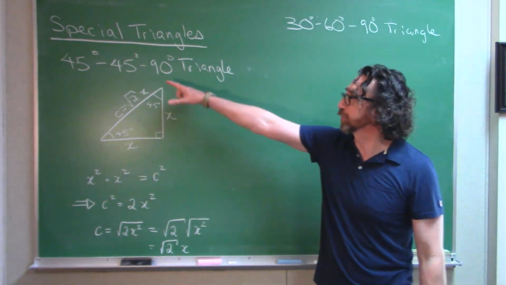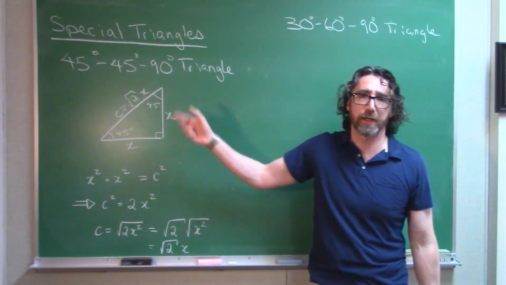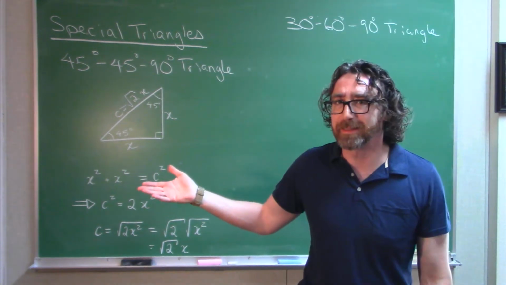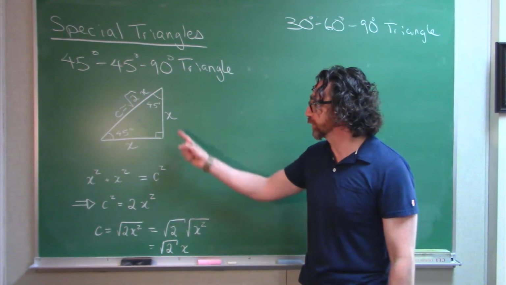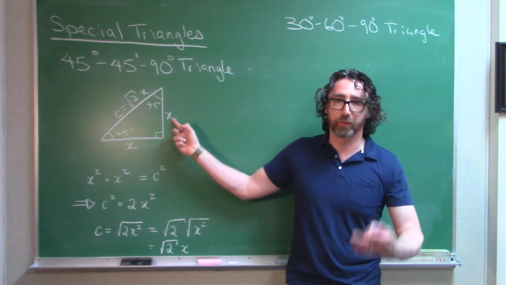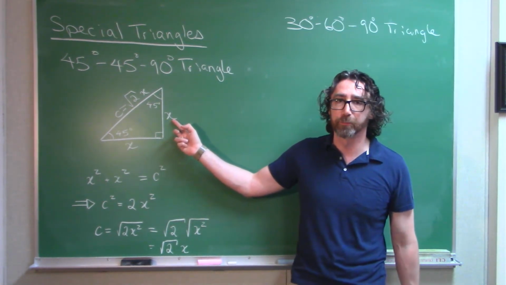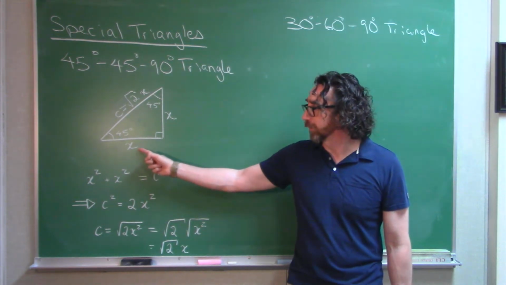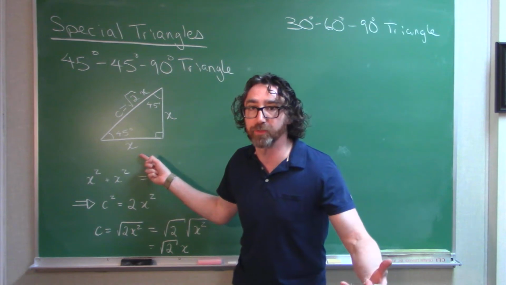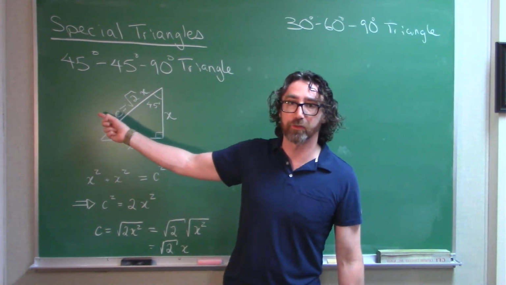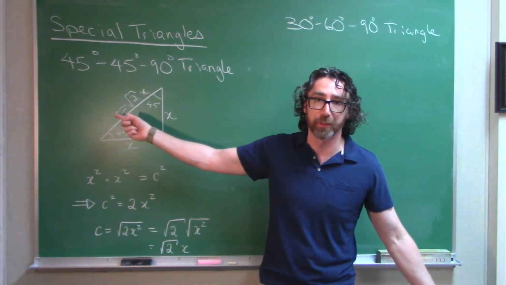With this special triangle, the 45-45-90 triangle, I only need to tell you one of the side lengths. If I told you this is 5, let's say 5 centimeters, well, if it's a 45-45-90 triangle, this side also has to be 5 centimeters, and this one has to be 5 radical 2 centimeters.